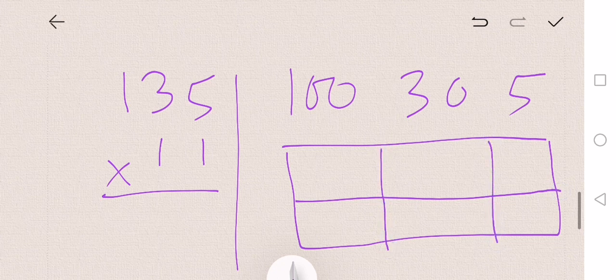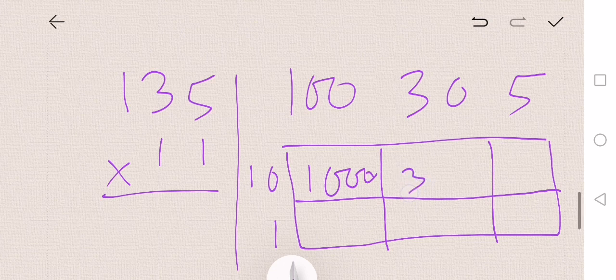Then the 3 boxes. So 11 means 10 and 1. So 10 times 100 is 1000. In order to do this math, you need to make sure you know how to multiply these things. If you're confused, let me know, then we'll work on the zero multiplication so you'll have a better understanding.